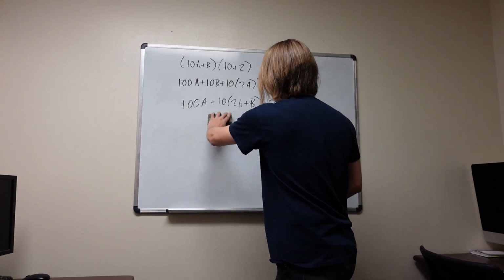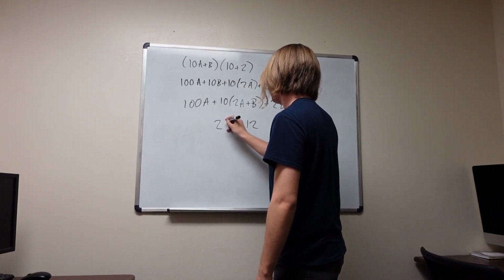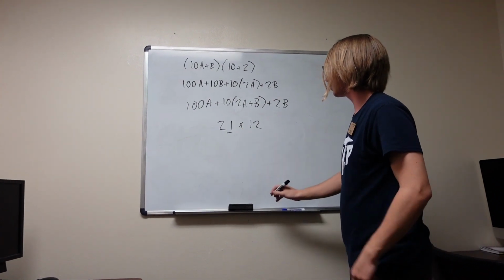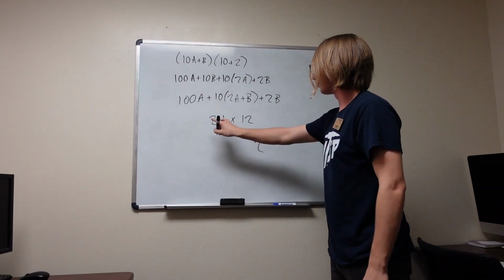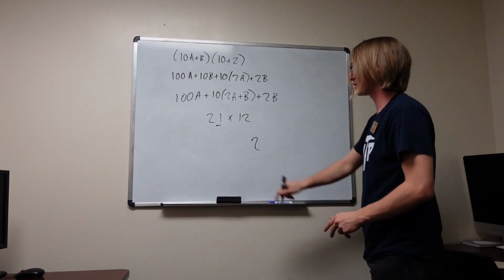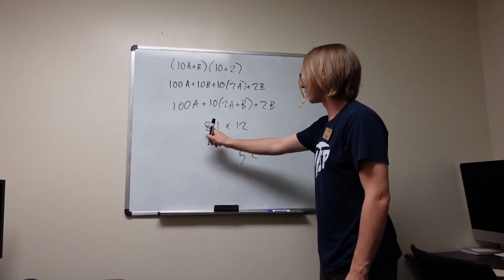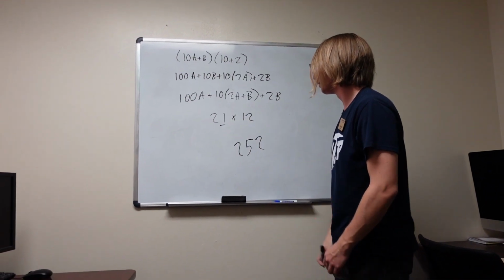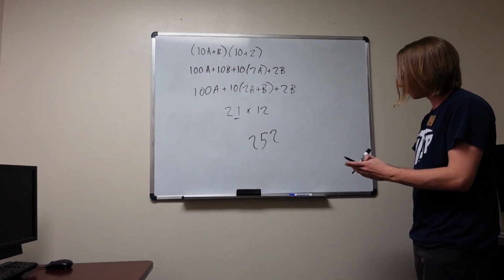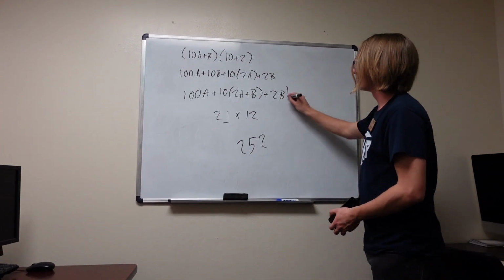So if we did 12 times 21: double the first digit, write it, double the second digit, so 2 times 2 is 4, add it to the next digit, so that's 5, and then just write this last digit. So 21 times 12 should be 252. And that's correct. So that's the 12s trick.